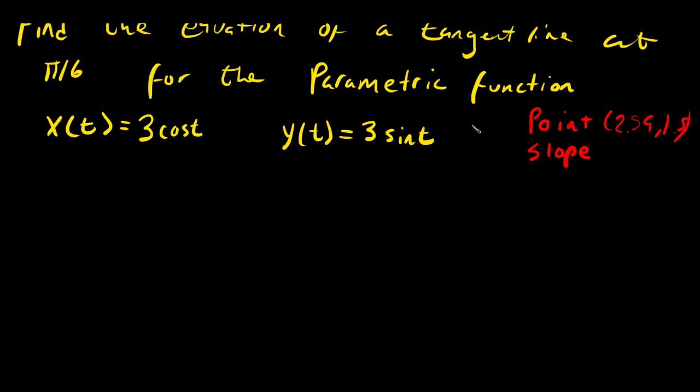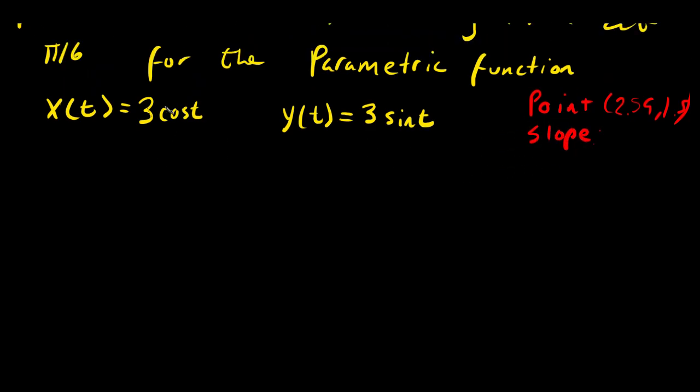Okay. And now slope. To find our slope, your slope is dy dx always. It's not going to be dy dt, because if it was dy dt, that would only be this. It wouldn't even bother with the x, because this is dx dt. This is dy dt.